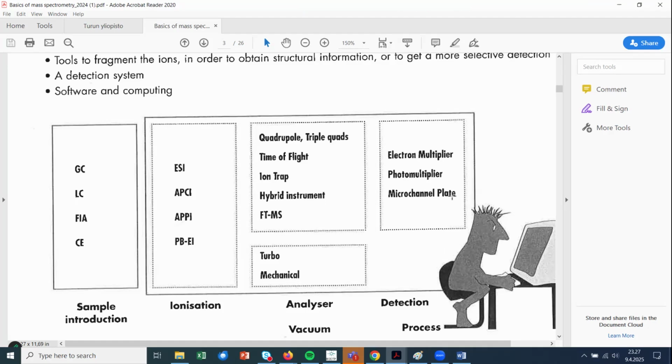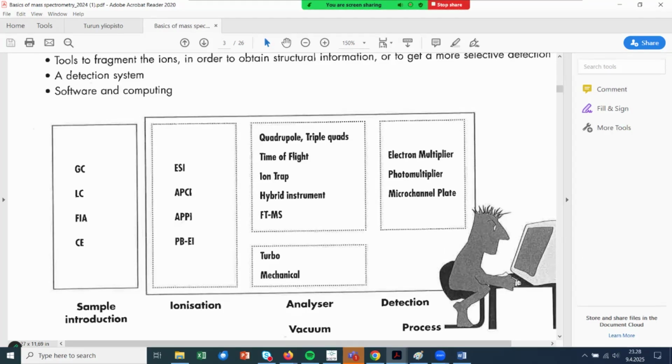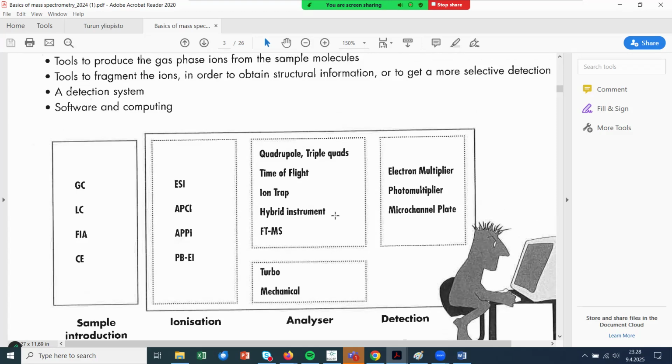The idea is that we get a multiplied signal in such a form that it can be detected and shown on our computer screen. Nowadays, almost always, we analyze our data with computers, and most of the work is done there, but of course there needs to be somebody trying to make sense of the results as well.